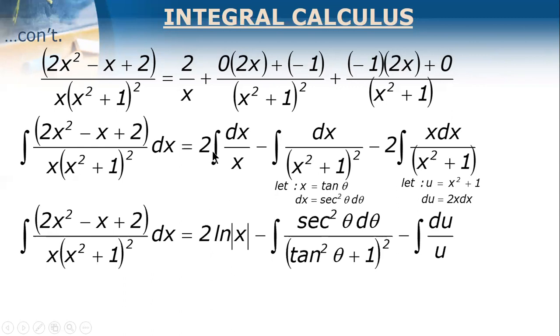And so we have 2 times the integral of dx over x, or simply 2 ln x, minus our dx, which is secant squared theta d theta, and our denominator x squared plus 1, where x is tangent theta: tangent squared theta plus 1, quantity squared, minus du, 2x dx, over u.